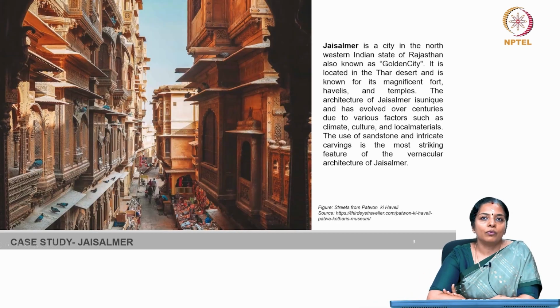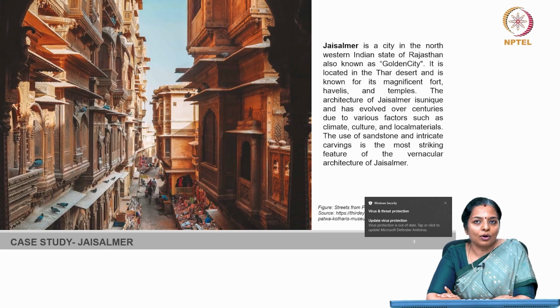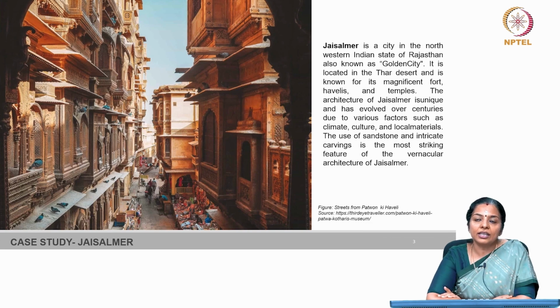So, we will take the example of the city of Jaisalmer. Jaisalmer is a city in the northwestern Indian state of Rajasthan. It's also known as the Golden City. It is located in the Thar Desert and is known for its magnificent fort, havelis and temples.